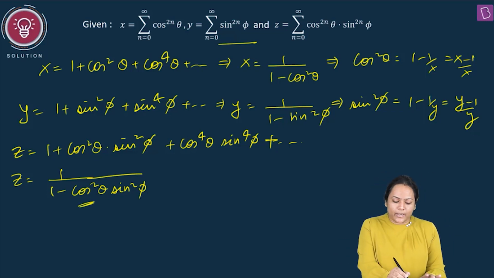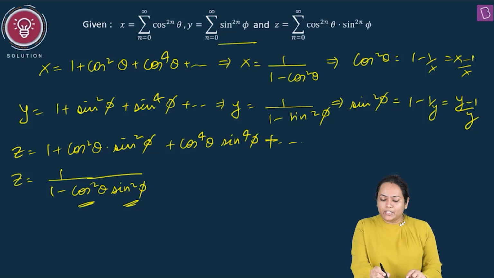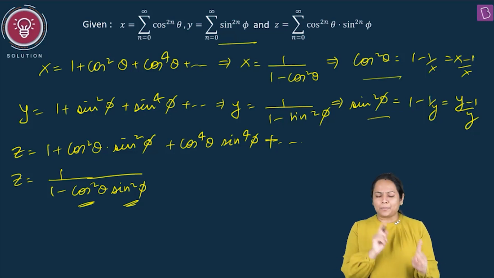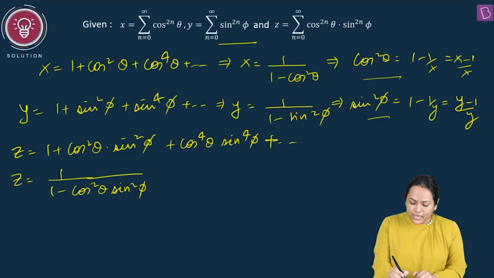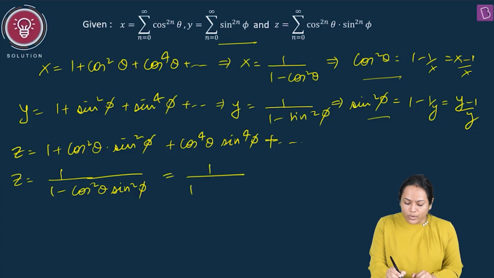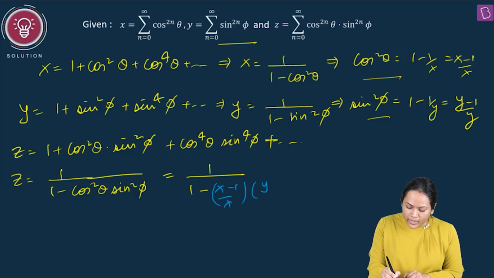We need cos square theta and sine square phi in terms of x and y. So when I substitute these values in this, it's going to become 1 upon 1 minus. When I put the value of cos square theta, it's going to become x minus 1 divided by x, and it's going to become y minus 1 divided by y.